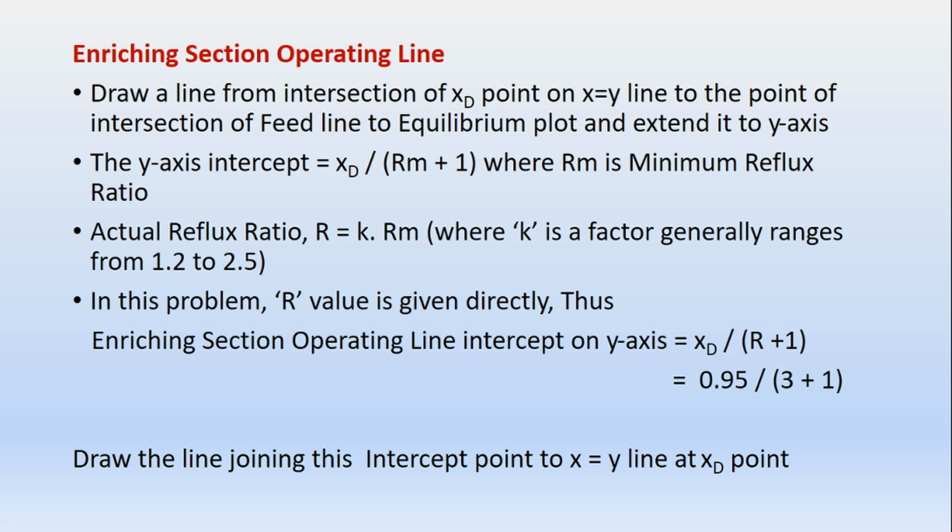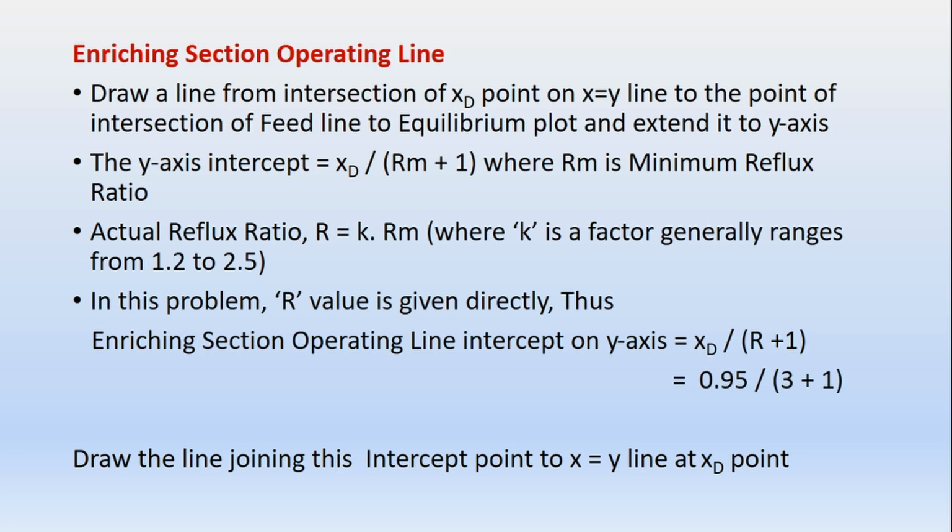Right? So in case we are not given the reflux ratio value, we can determine the minimum reflux ratio by drawing a line from the intersection of the xt point on the x equal to y line to the point of intersection of the feed line and the equilibrium plot, and extend it to the y-axis. So that intercept will give us xt by Rm plus 1, that we had seen in the explanation of the McCabe-Thiele diagram.